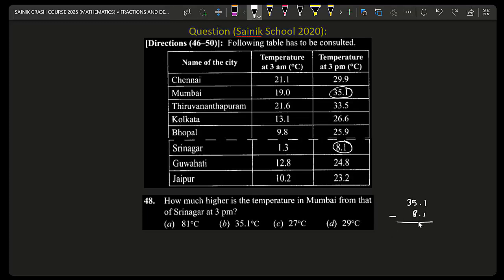Now start from right to left. 0. 15. 7. And this is 2. 27.0 is nothing but 27, right? Yes, sir. So which option is correct? Option C. Very good. You can mute yourself, Sahasra.